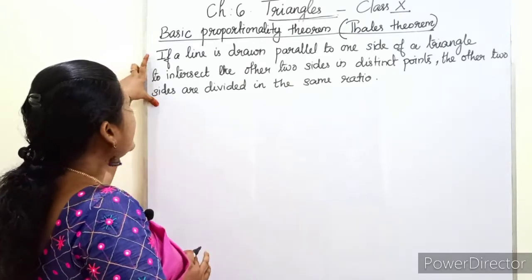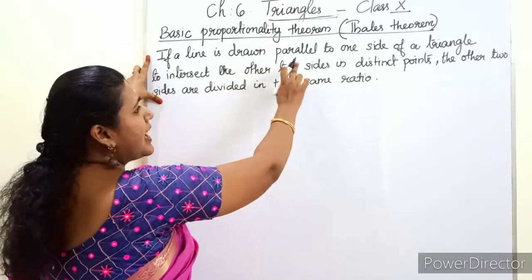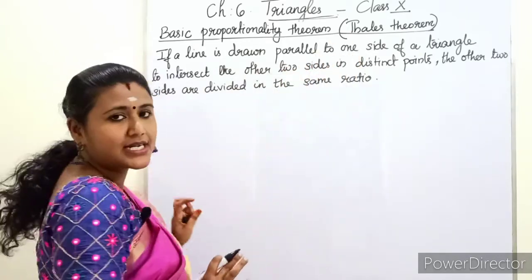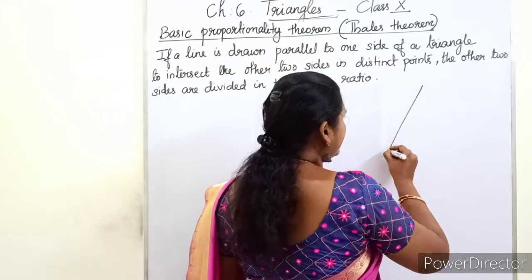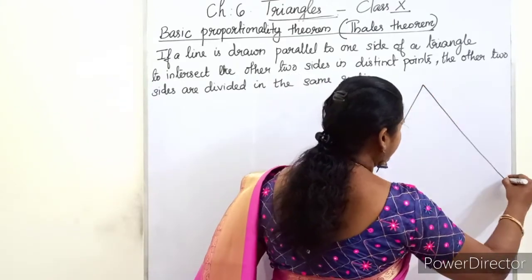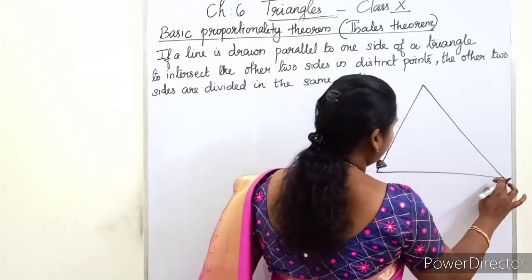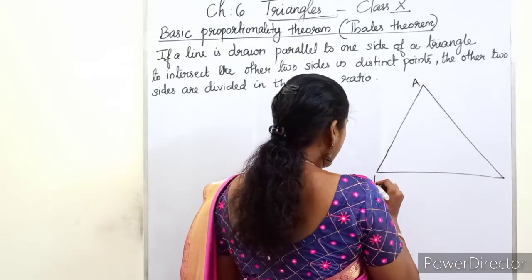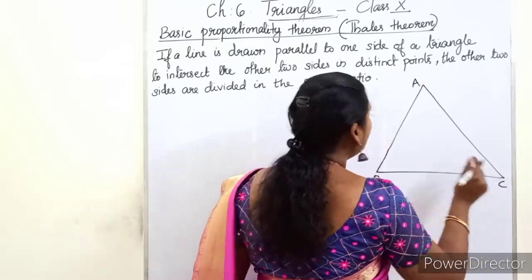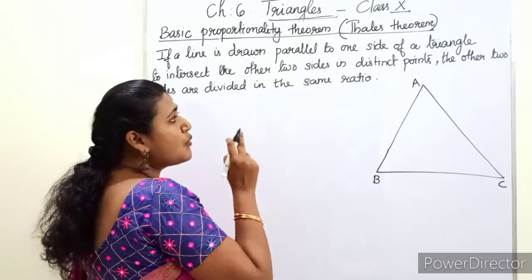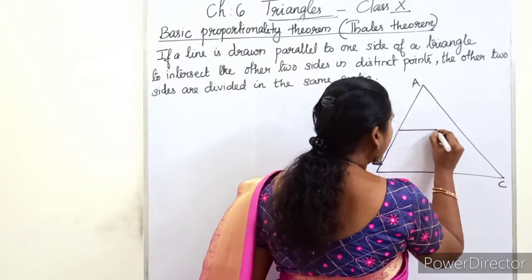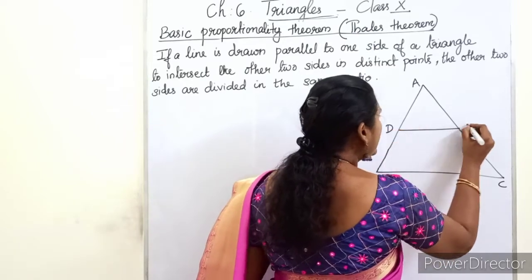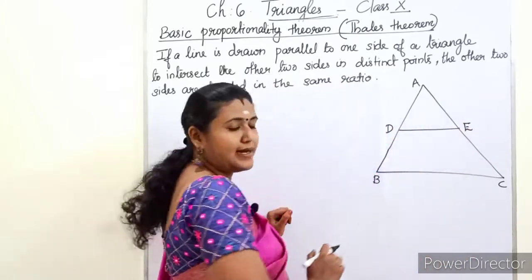So what is given? A line drawn parallel to one side of a triangle. First we will draw the diagram. We have a triangle ABC. We are going to draw a line DE parallel to the third side, this side BC.